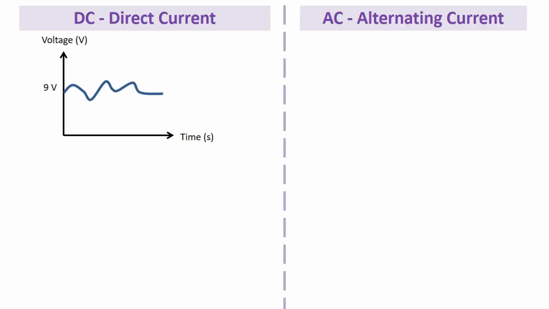Sometimes it can be confused whether a waveform is AC or DC. For example, the voltage value you see here is a direct current. The intensity has changed. It is an irregular direct current. However, its direction has not changed and has always remained positive.